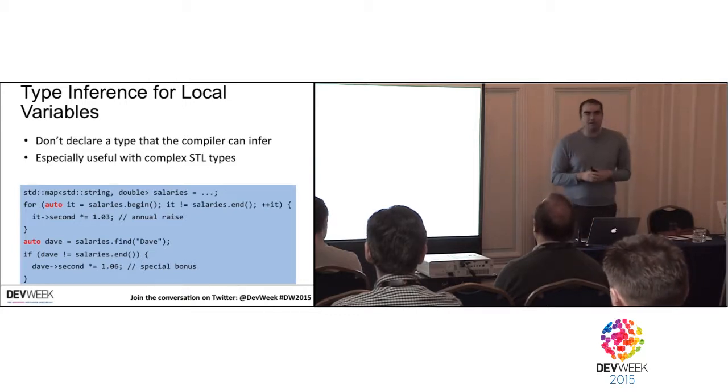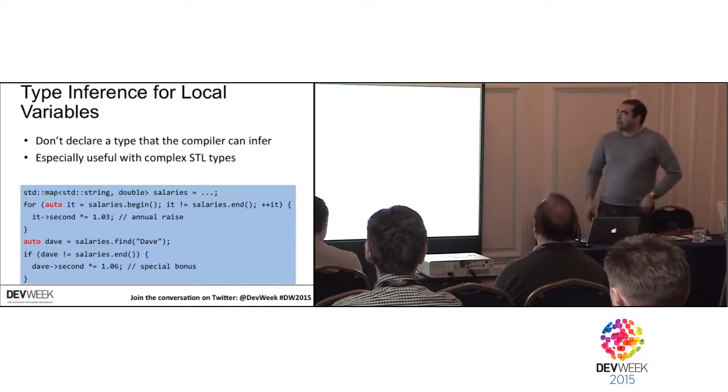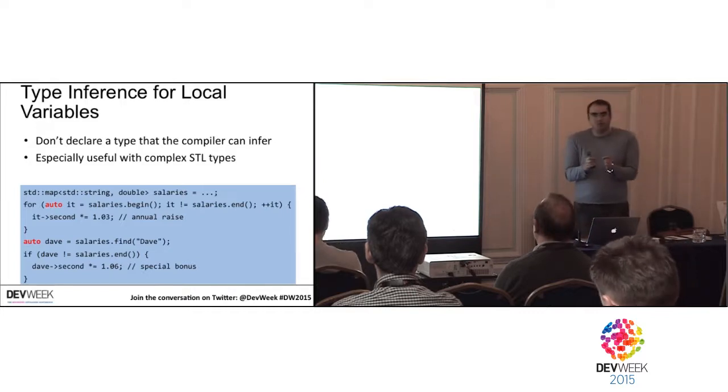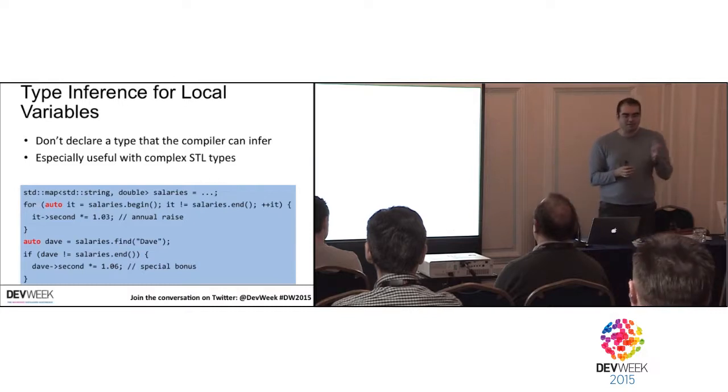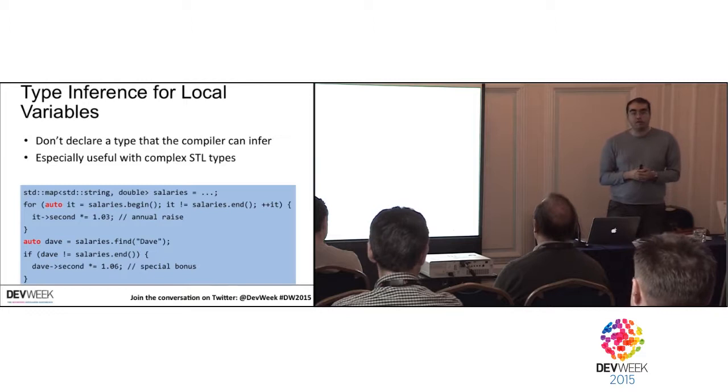I'm going to show you an example later which was designed for this to be possible, but it can save lots of typing, obviously. Some C++ experts would argue that you should now use auto always, all the time. Never specify the type of a local variable if a compiler can figure it out anyway.